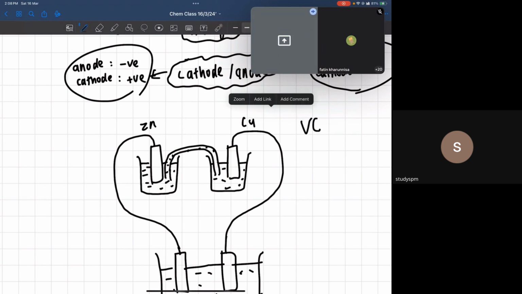Okay. Second step, identify which one is negative, which one is positive. We already know that zinc is much more electropositive, right? So it will undergo oxidation. You need to know how to relate it, how to remember, okay?